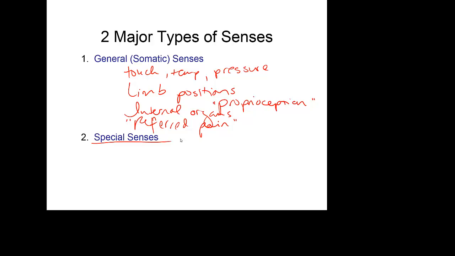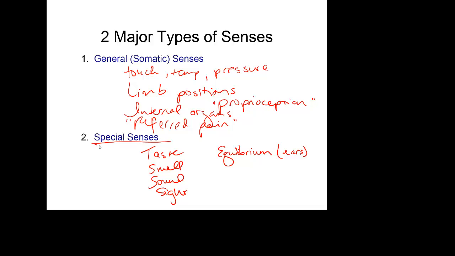Special senses are the senses that you've learned since kindergarten. Taste, smell, sound, sight, and the fifth is actually equilibrium, which they probably didn't tell you a whole lot about in kindergarten, but it's associated with balance and has a specific association to your ears.